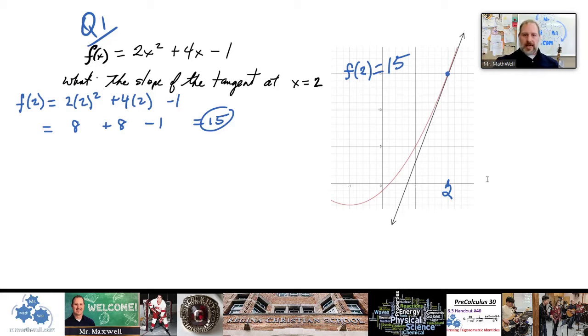So that 2 there is going to be the point of tangency. So x is 2, which really in our formula means that a is 2. So that's x equals a. A is 2.